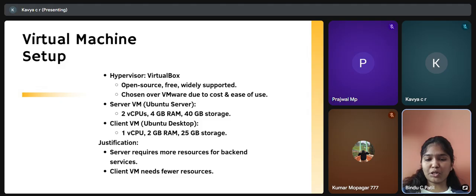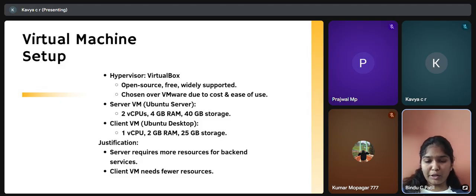Next is to create two virtual machines: first is the server VM and next is the client VM. In the server VM, Ubuntu Server is used, allocating 2 vCPUs, 4 GB RAM and 40 GB storage. It also runs the Swiggy backend simulation. Next is the client VM.